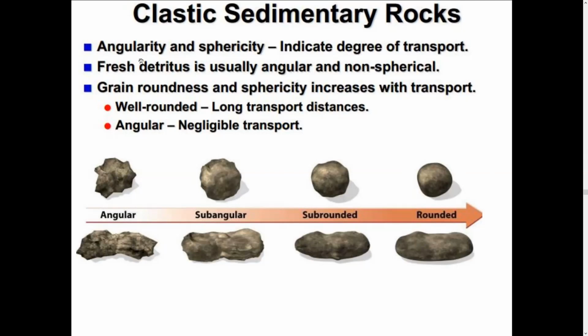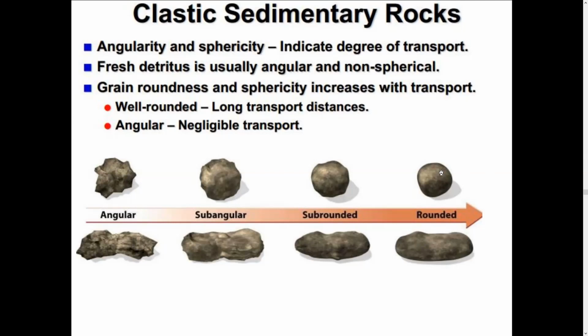Fresh rocks, the clasts, are usually angular and non-spherical because they have not traveled a long enough distance to be rounded off. Whereas those that have been transported over a long distance, in most cases, would be round in shape. So as a result, angular shape should mean that such clasts have traveled a negligible distance, whereas those that are spherical in shape have traveled a much longer distance.